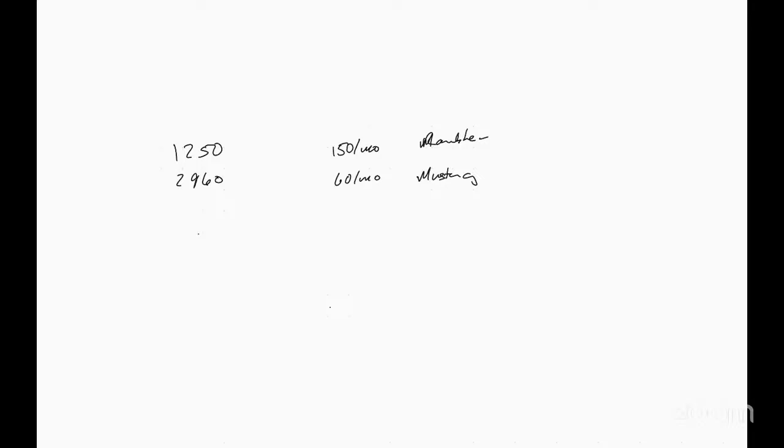So R of t equals the average expenses, 150t, plus the original price, which was 1,250. And M of t would be 60t plus 2,960.